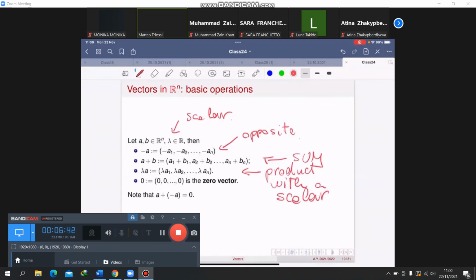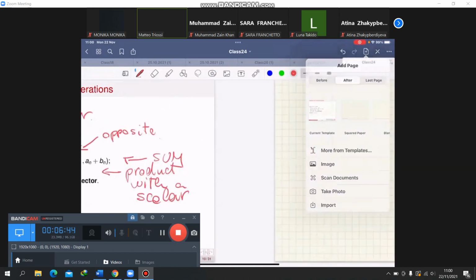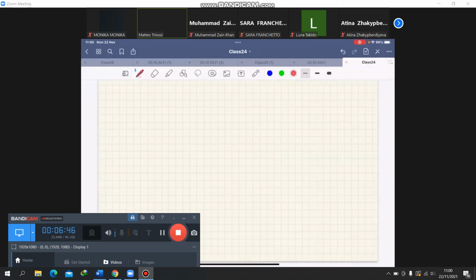So let's try to provide some graphical understanding of those operations. Here it should be easier than drawing graphs of functions.